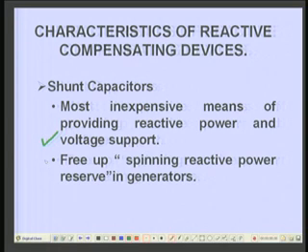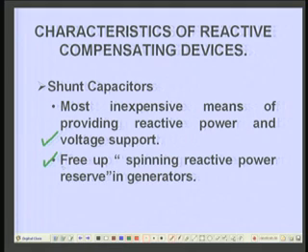When you use these shunt capacitors, one very important advantage which we get is that the generator spinning reactive power is made free. Suppose the reactive power demand is met by shunt capacitors, naturally the demand on the generator will be reduced, so that the generator will have some spinning reactive power reserve, which can be used in a very short time. That is why the application of shunt capacitors will free up the spinning reactive power reserve, because the generator is already operating, called spinning reactive power reserve.